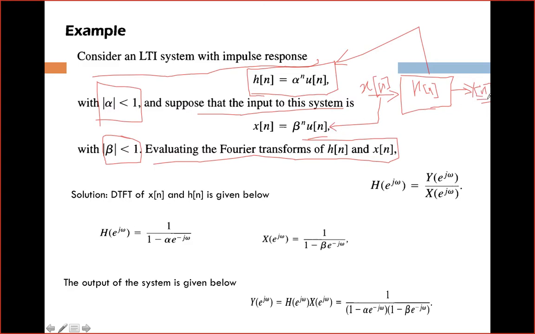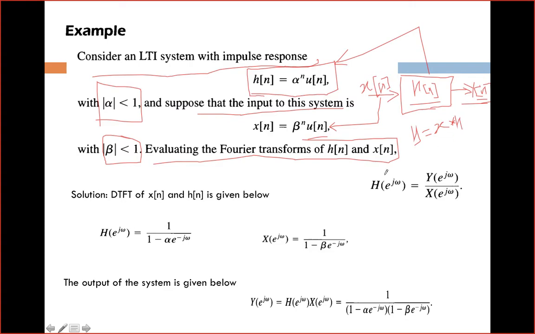We have two time sequences, x of n and h of n. When you give x of n to a system whose impulse response is h of n, the output is y of n, and this y of n is nothing but the convolution of x and h. I told you that convolution is a tedious job compared with multiplication.